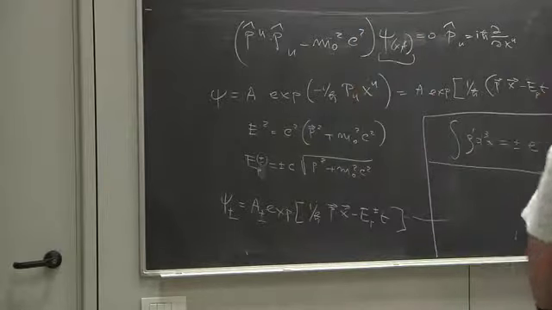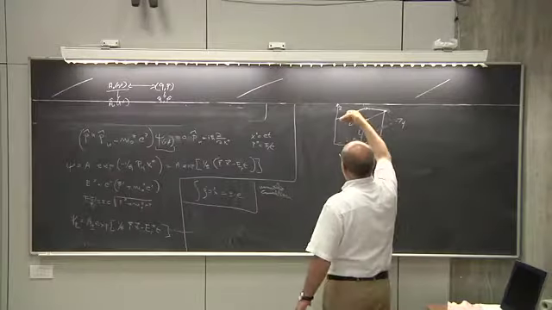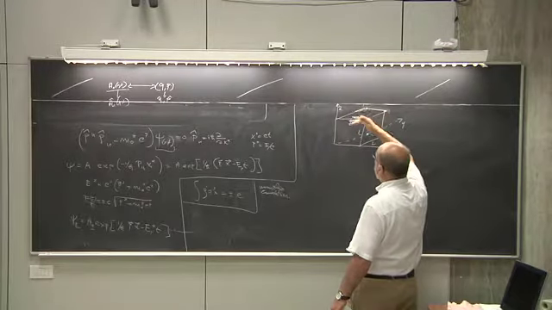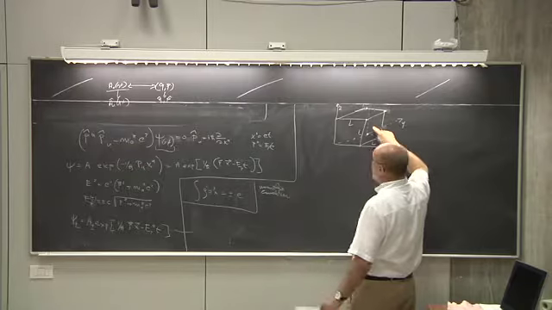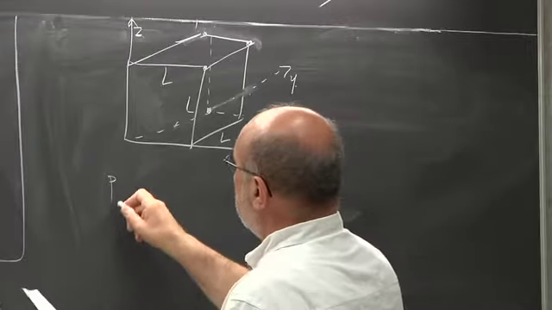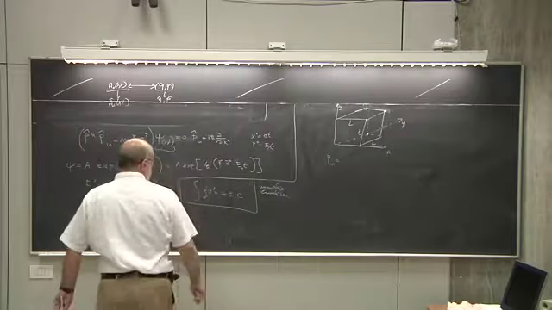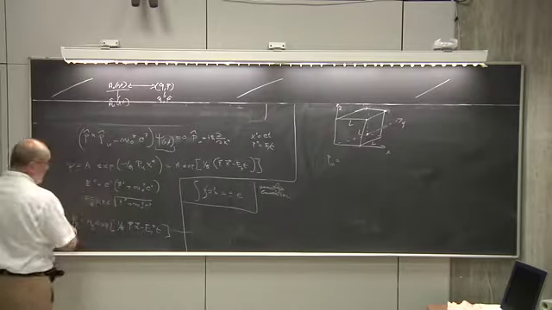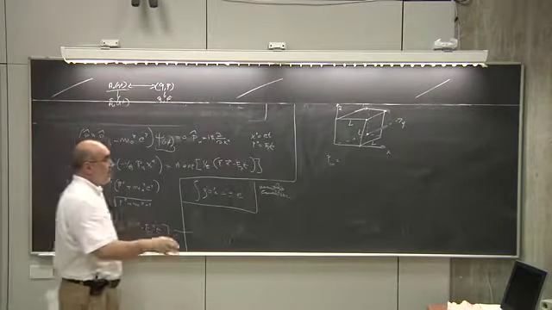Okay, now as we are inside the box with infinite walls, that means we want the wave function to go to 0 on the wall. Remember, we want this psi plus, psi minus to be 0 on the 6 walls that there are.